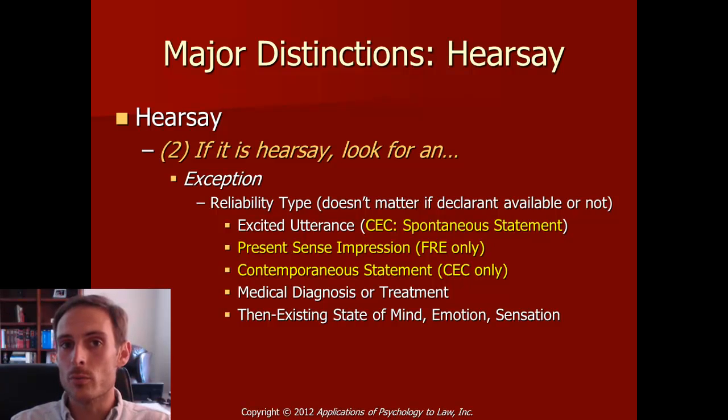Our third group was the unavailability type exceptions, and those included former testimony, dying declarations, declarations against interest, personal or family history, and then also you had forfeiture by wrongdoing.